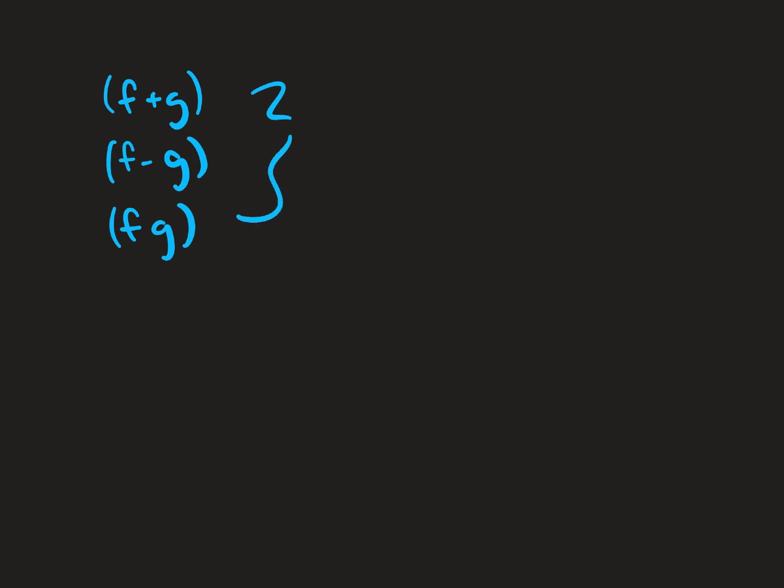All right, so when you're finding the domain, when you're adding, so if I had f plus g or f minus g, so subtracting or multiplying f times g, the only two things that you have to check are the domain of f and the domain of g, and see where they overlap.